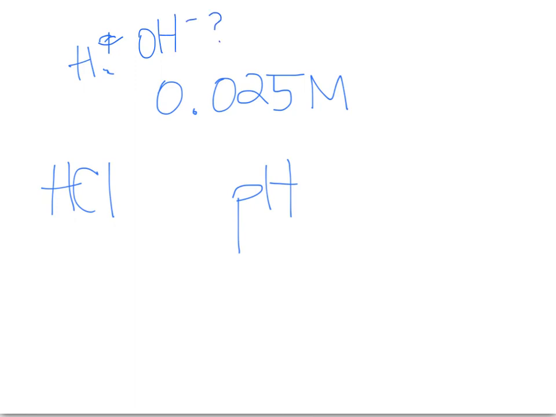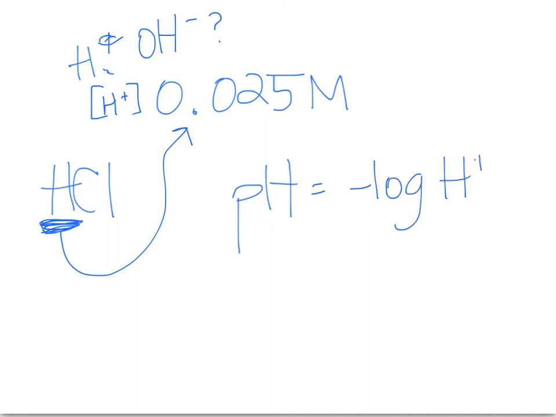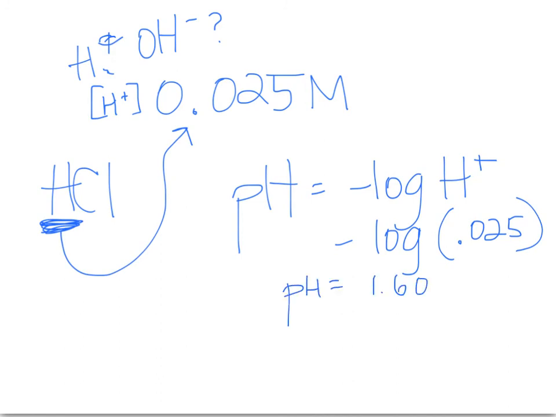Well, because this is an acid with one H, that means that this is the hydrogen ion concentration. So to get the pH, we would take the negative log of the H. So we would just take the negative log of 0.025 and we'd be done. And the answer, the pH, would be 1.60.